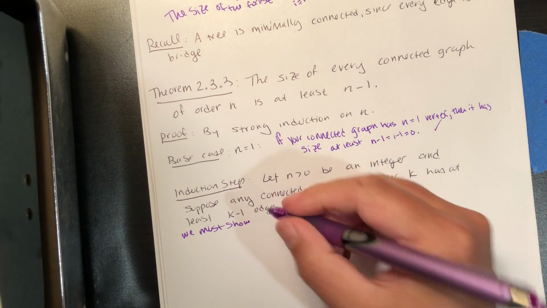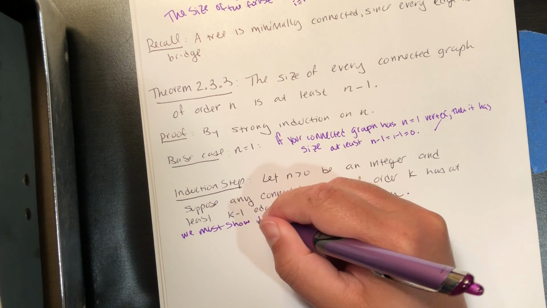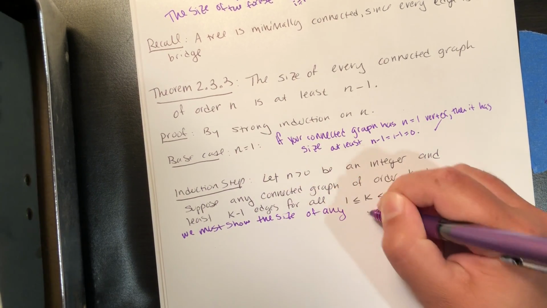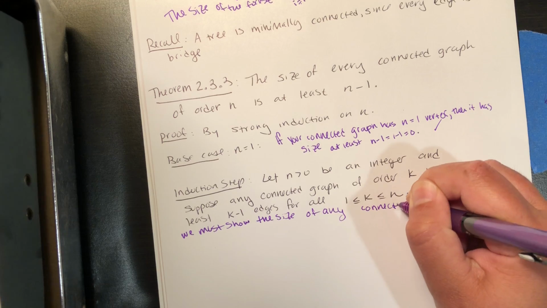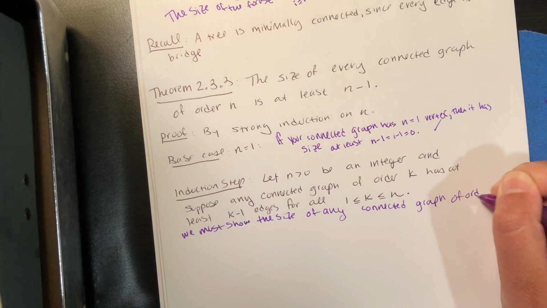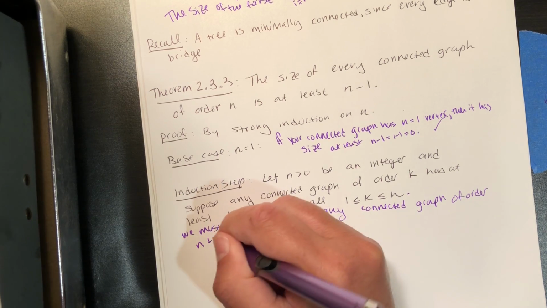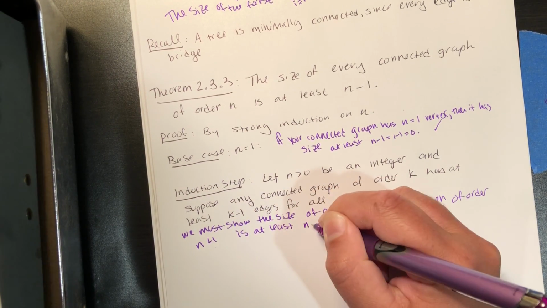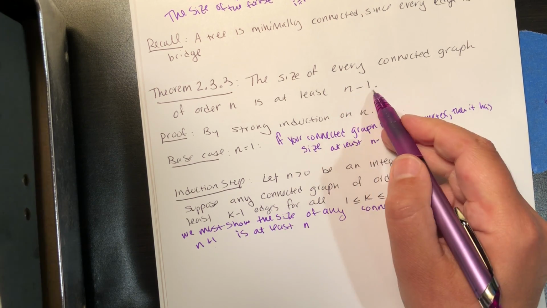So we must show that the size of any connected graph of order n plus 1 is at least n plus 1 minus 1, right?